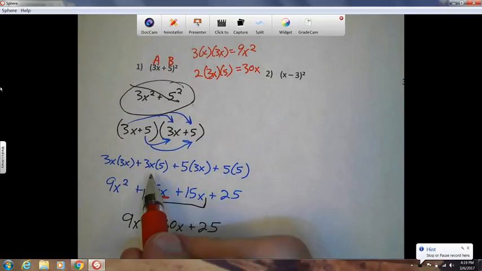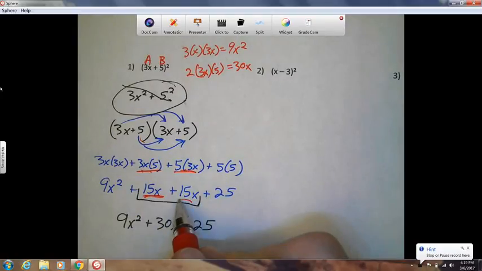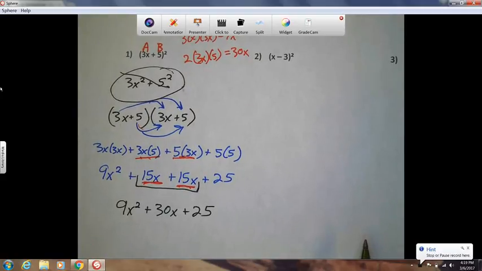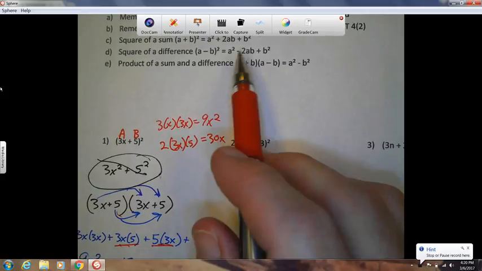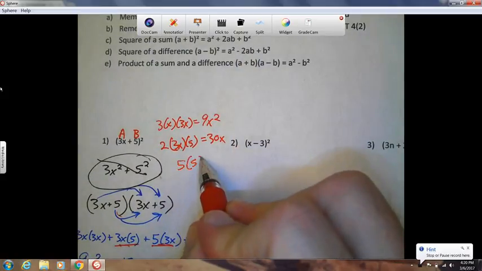So I have 2 of those, so it's going to be 30x. And then the last one says b squared, and that's 5 times 5, which is 25.